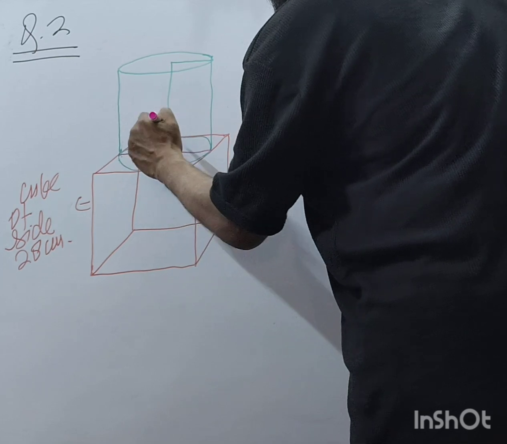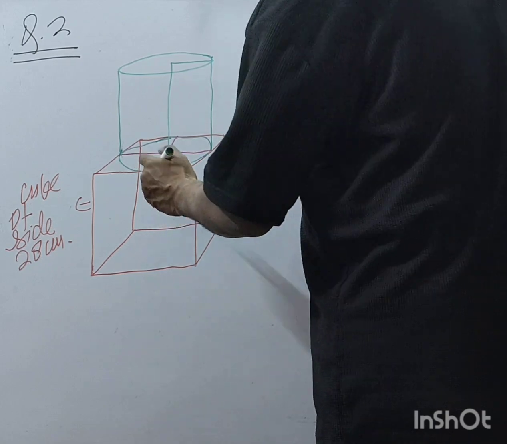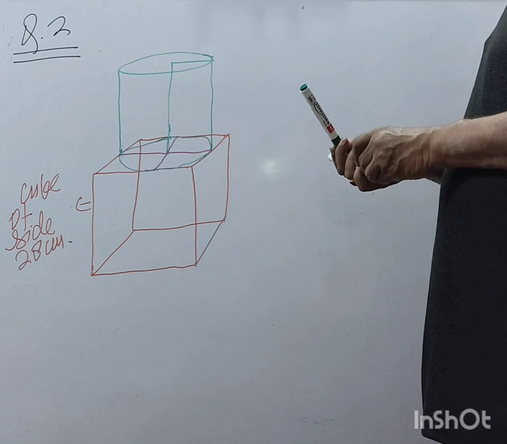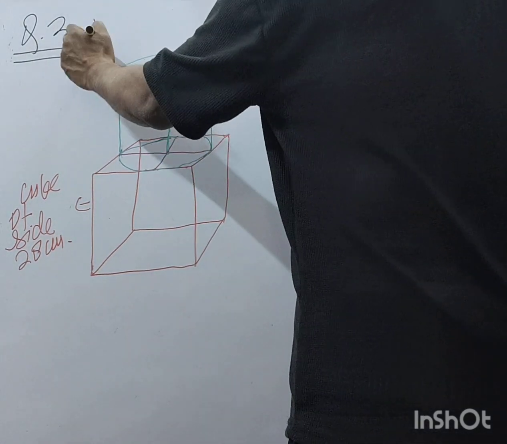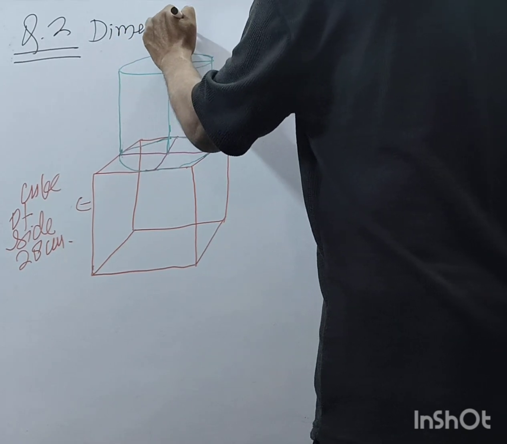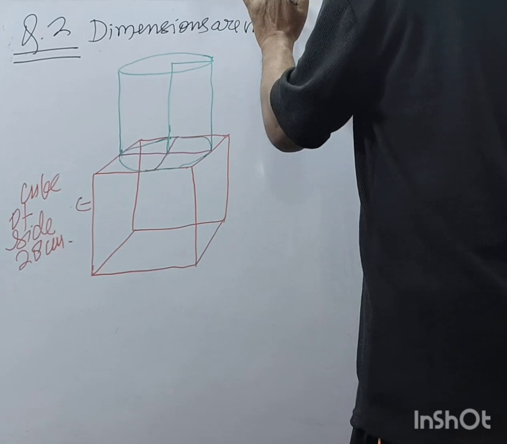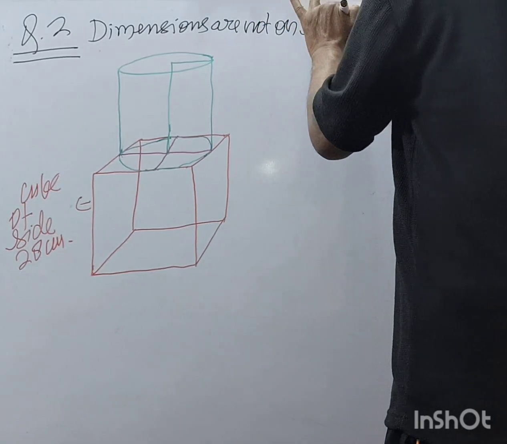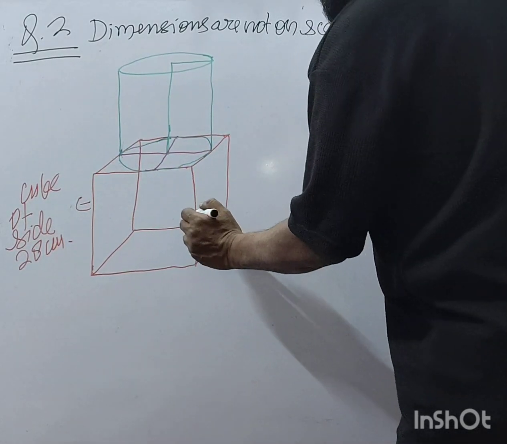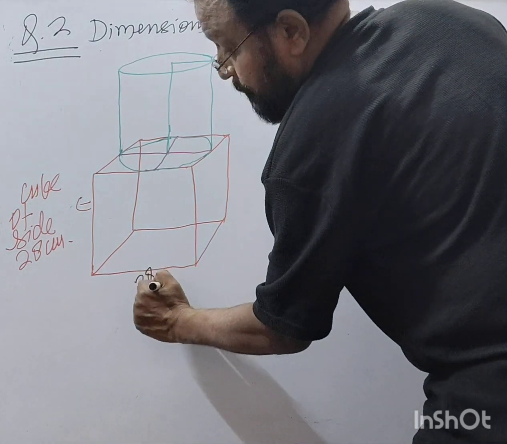This is 28 centimeter, right? If we use a three dimensional view, we will see this, okay? And dimensions are not on scale, right? So it is 28 centimeter.